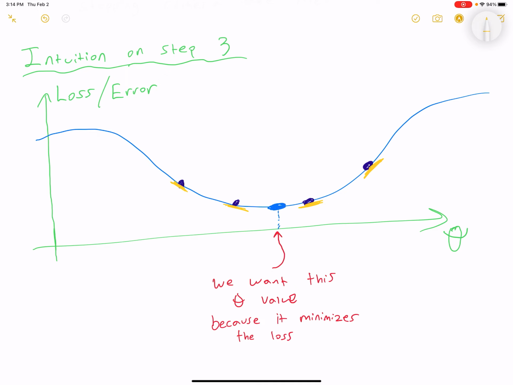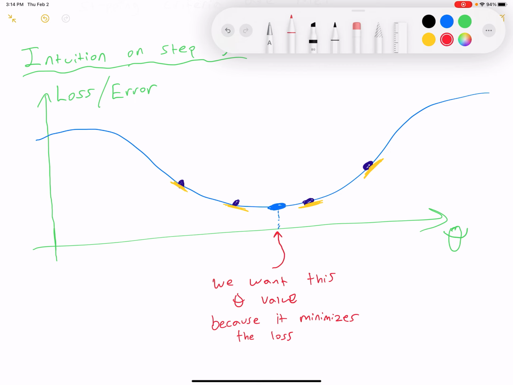That's the beauty of calculus, that even though we don't know the function, we don't know where the minimum is, calculus via derivatives lets us know which direction we need to move in. Calculus has many beautiful things that it allows us to do, and this is one of the nice tricks.